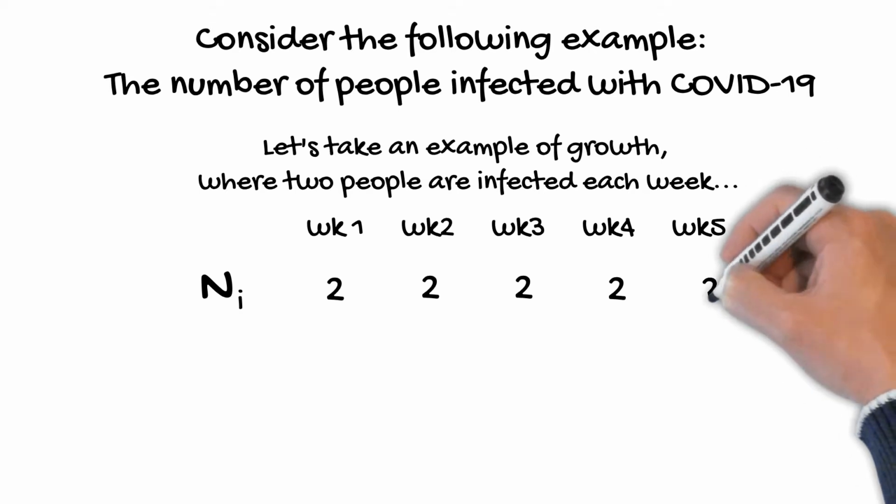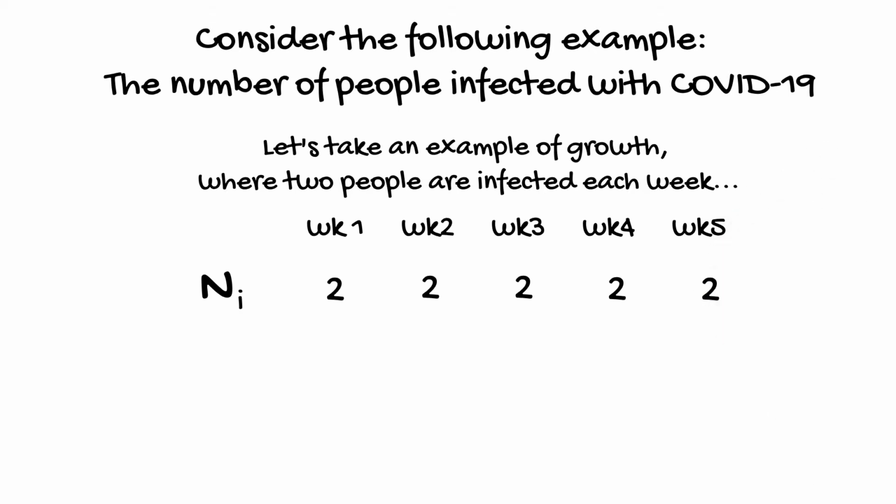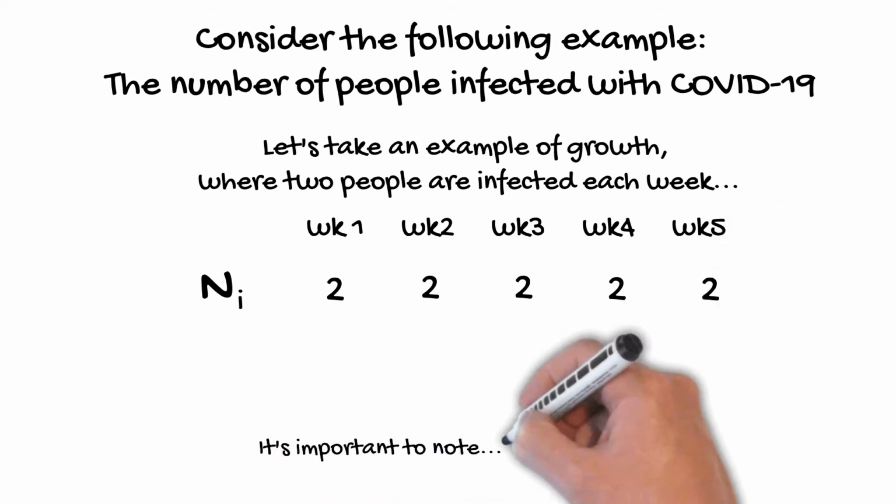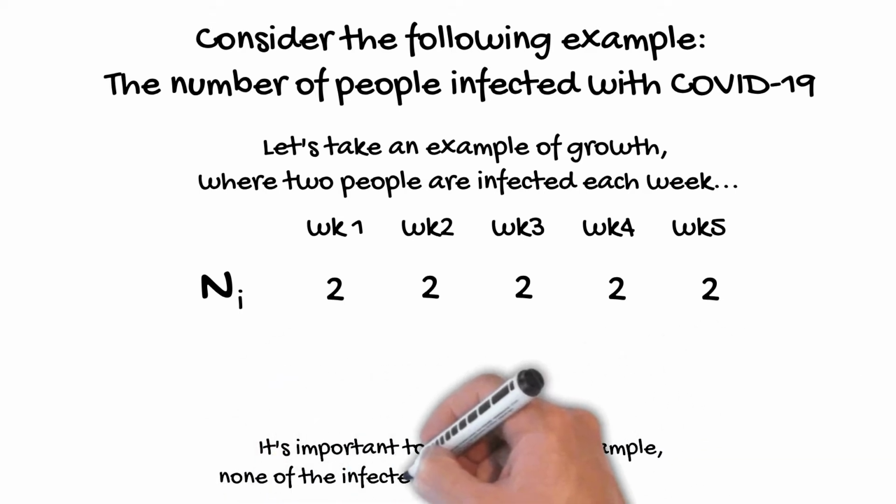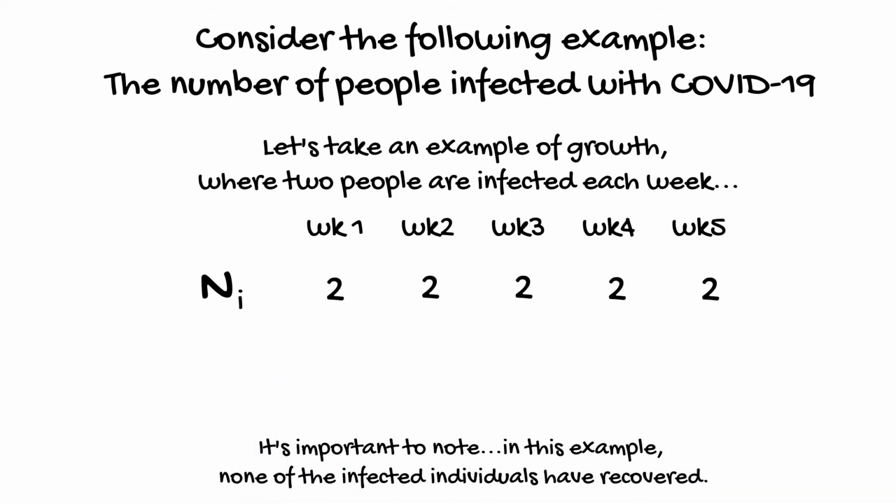And assuming for now that nobody is recovered yet, we could say that we simply have 5 weeks, 2 people per week, 10 total. So essentially, if we use time, and we can use even a discrete number for time, the letter T, to represent the time.